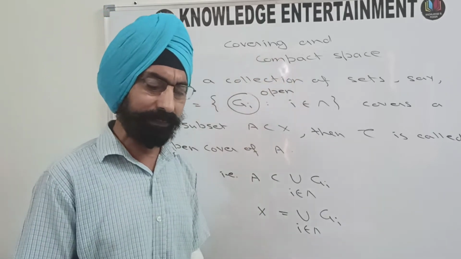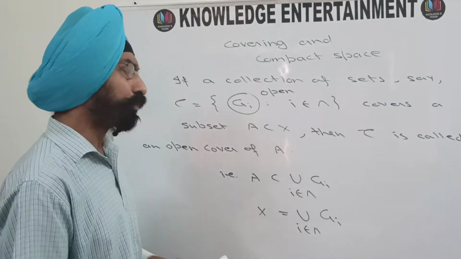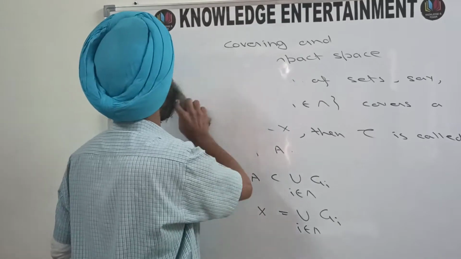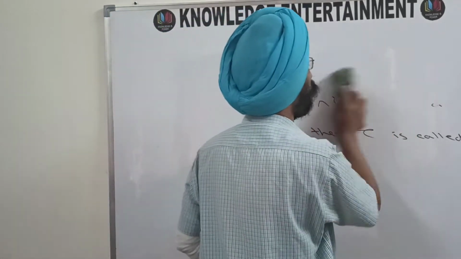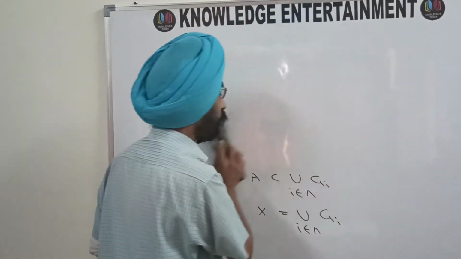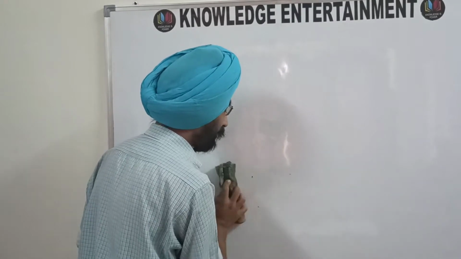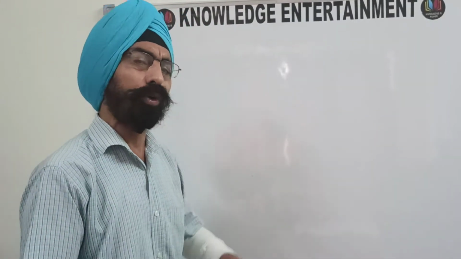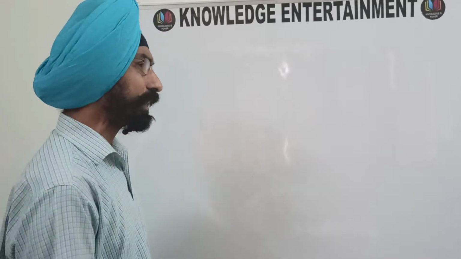So these are the basic definitions, and now we are moving towards the main definition of this chapter, that is a compact set. What is a compact set? So here you have to give some attention, because this is the basic definition and the whole chapter will depend upon this definition.